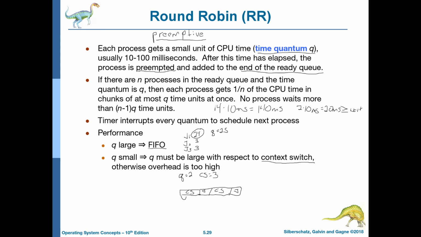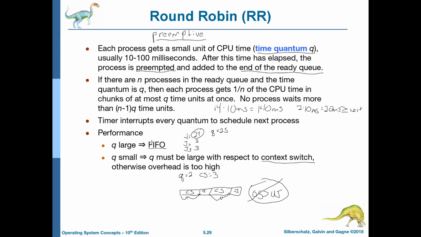In this particular case, all of these context switches add up, and the OS kernel runs more time than the actual user jobs on the system. And we don't want this. This is not an efficient operating system when the operating system is running more than the actual user jobs.